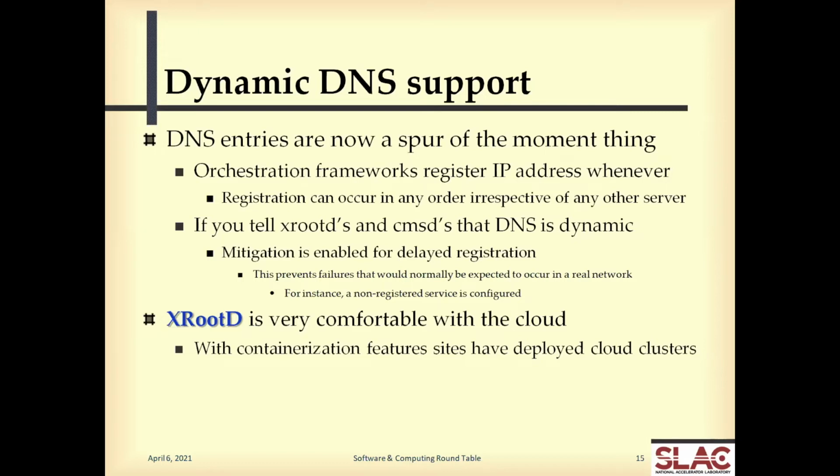In an orchestrated framework, we have to allow that maybe server X isn't up yet and hasn't been registered. So that's how we support dynamic DNS. In the end, XRootD is actually very comfortable in the cloud, and so sites have deployed cloud clusters by just using these features.